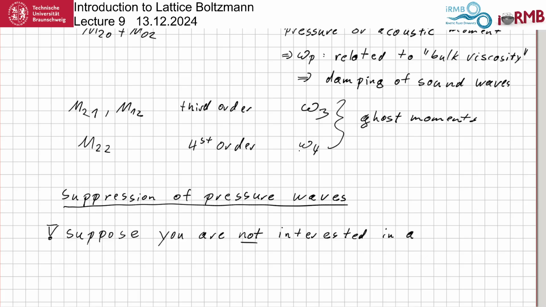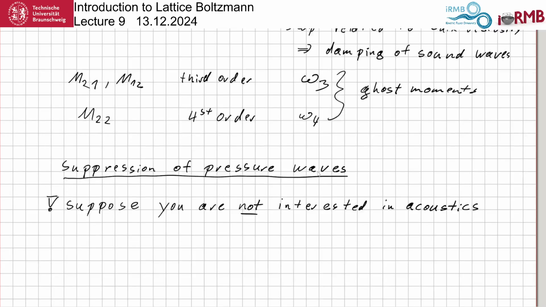And again, I'm not absolutely convinced that this is not a little bit of marketing from the other side, if you will. If you are interested in acoustics, then you are not allowed to use diffusive scaling anyway, right? Then you are in a different game.